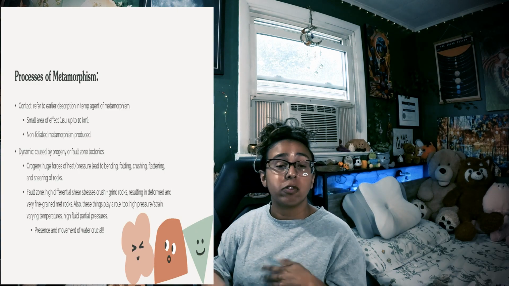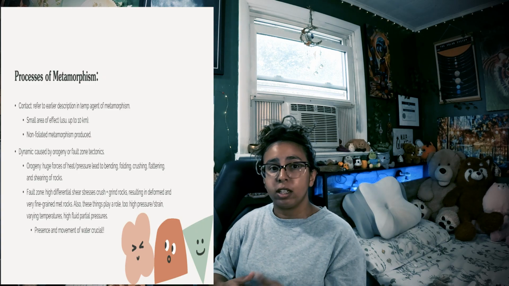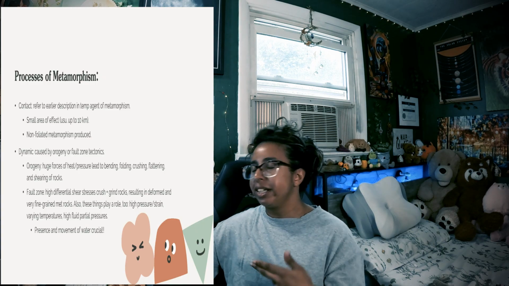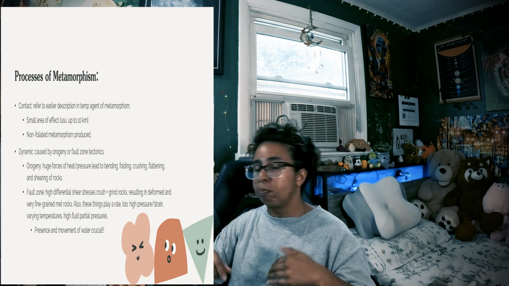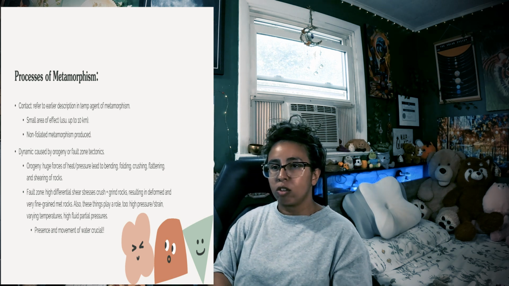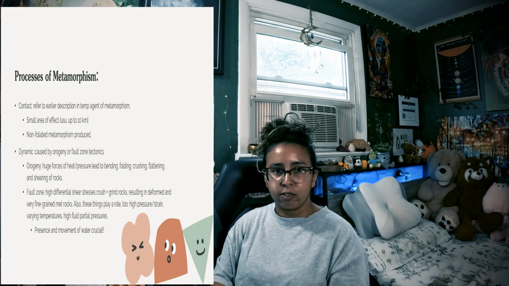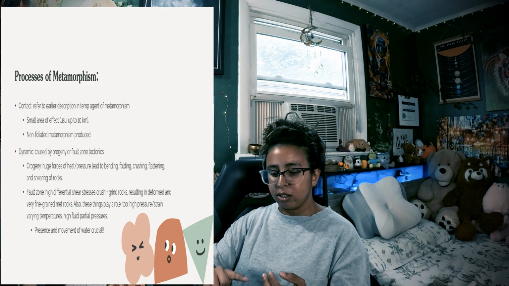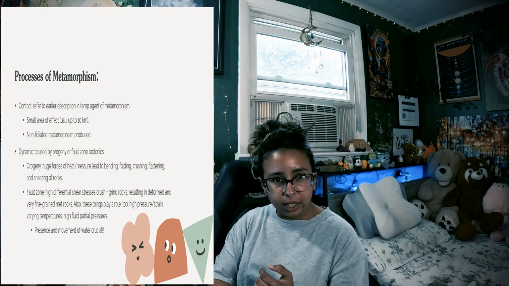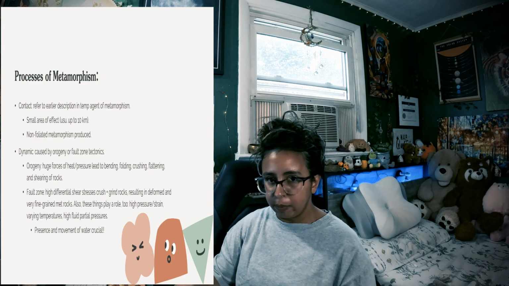It's like God is playing with very hard Play-Doh. What I mean by dynamic metamorphism is that there's a lot going on. There's stress, there's confining pressure, there's probably high heat as well, there's fluids. It's just everything is happening at once.